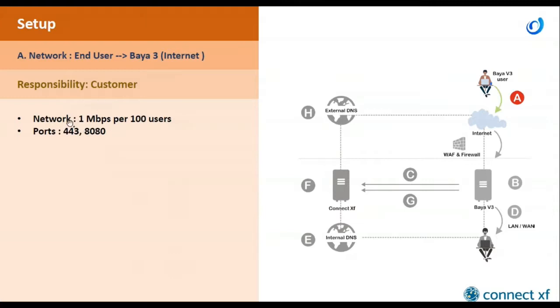The sizing is around 1 Mbps per 100 users. Depending on your user base, the number of users who are going to use BIA v3, you can provision the network. The ports to be opened in the firewall are 443 and 8080 over the internet for the BIA v3 server.